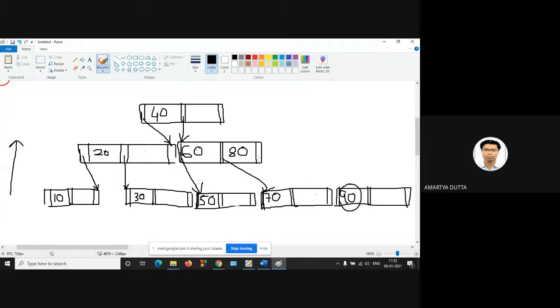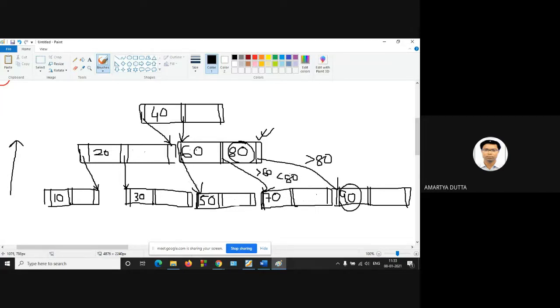Now we have to make this connection. As there is a new entry 80 in the right portion of 60, this link is necessary. This link is required. So this is greater than 80, this one is greater than 60 and at the same time less than 80.